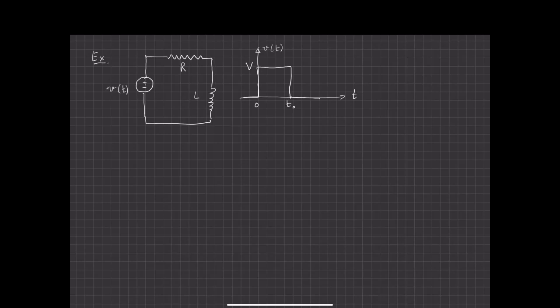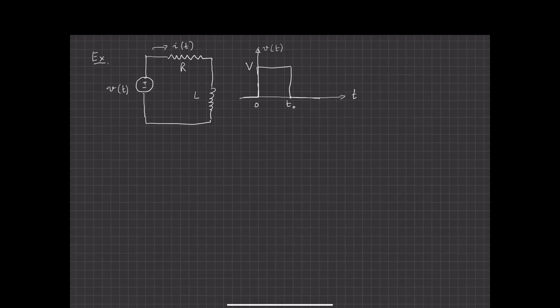Let's apply this function to the RL circuit. And I want the response of the circuit. That is, I want the current I of t for all time. So that's the question. I apply a pulse to this RL circuit, and I want the response of the circuit to this pulse.